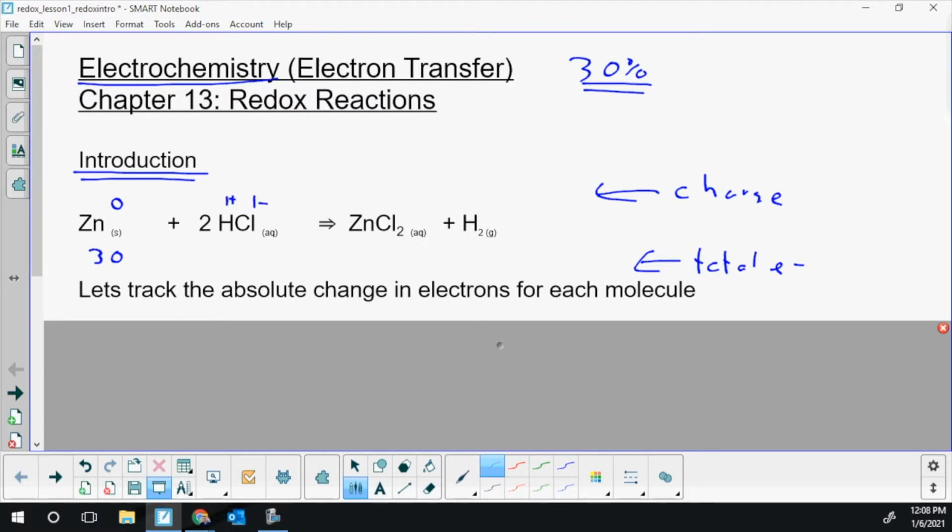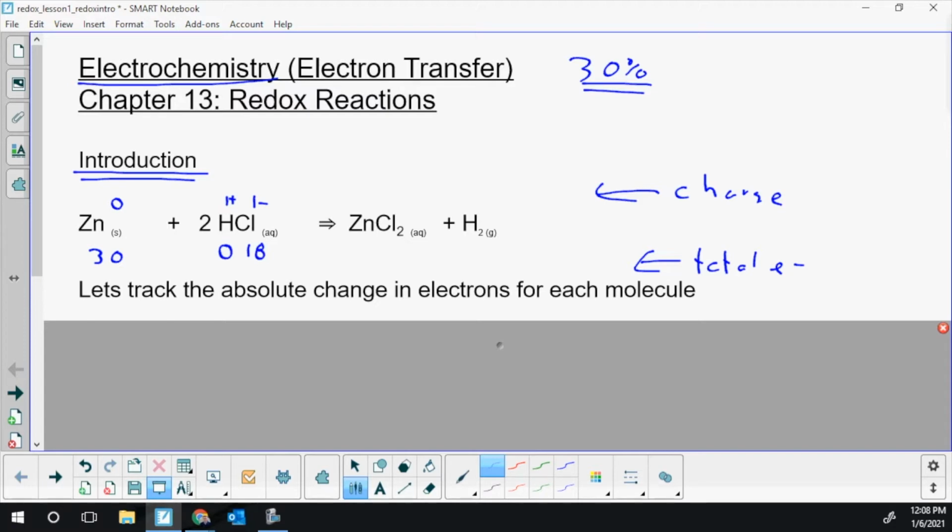If you think of H plus, well, hydrogen by itself would have 1 electron, but as H plus, it has 0. If we look at that chloride, that's Cl minus, chlorine is atomic number 17, and with the minus, it would have 1 extra electron, so it'd have 18.